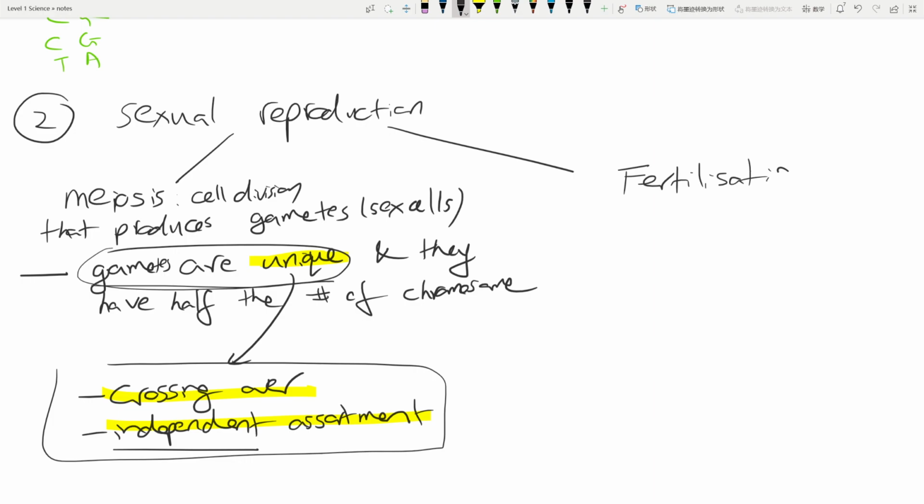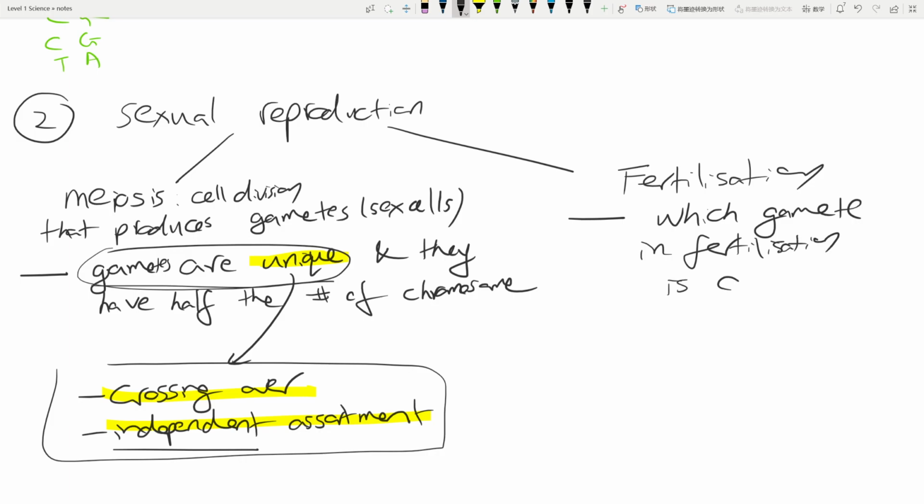Okay, so we produced unique gametes, and during fertilization, which gamete ends up in fertilization is completely random. Okay, and then again has no relationship between each individual.